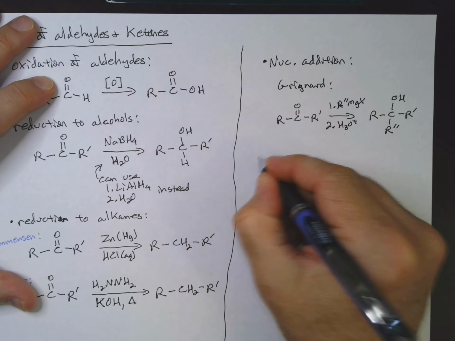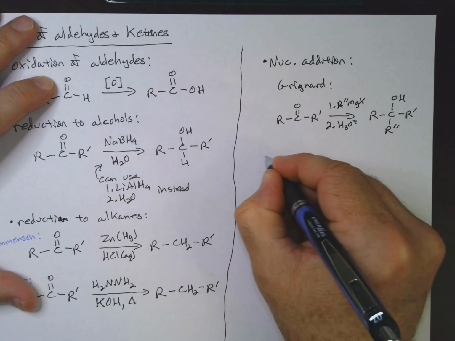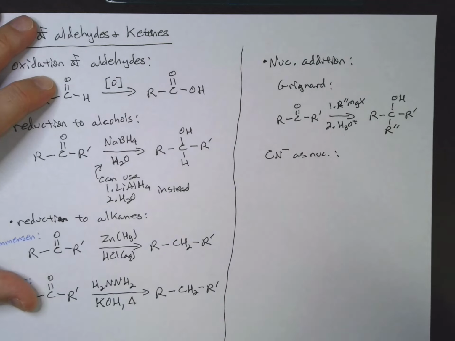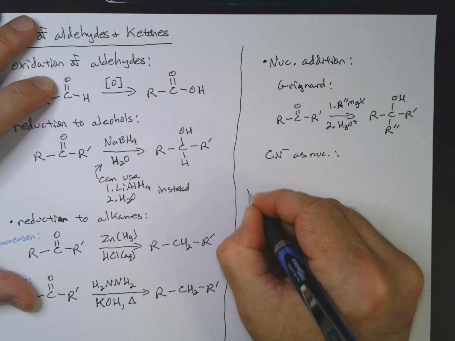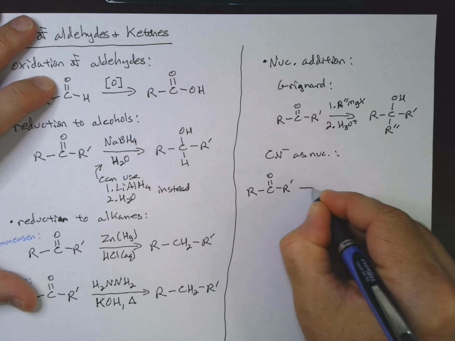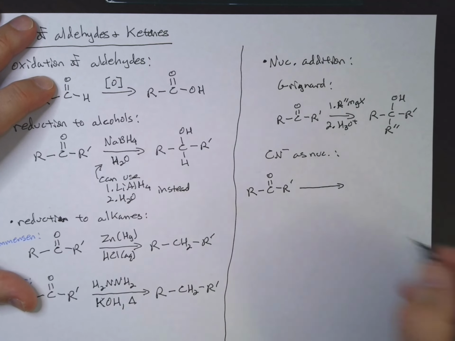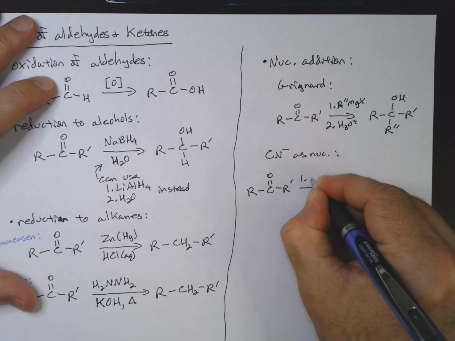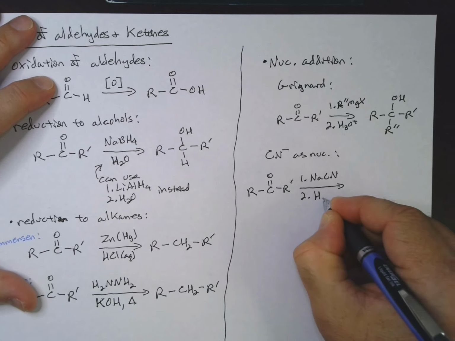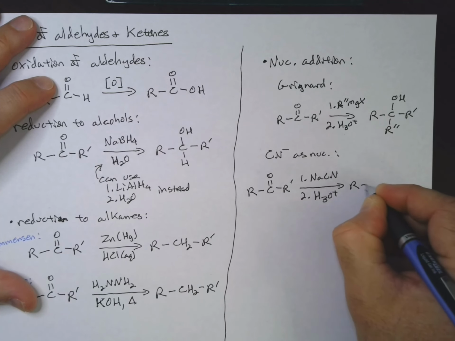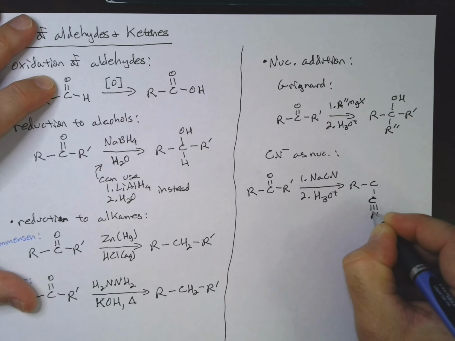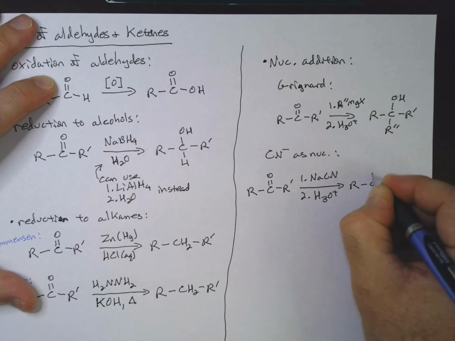We could also use cyanide as our nucleophile. So I'd have RC, double bond O, R prime. And then I could treat this with 1. NaCN, 2. H3O plus, which gives me R, C, C triple bond N, R prime.